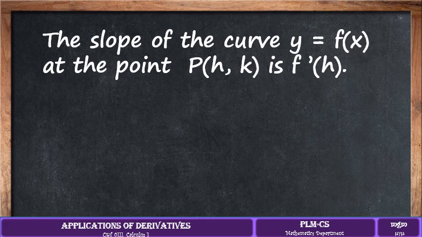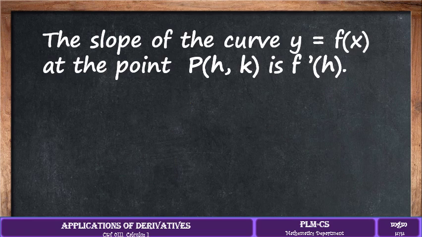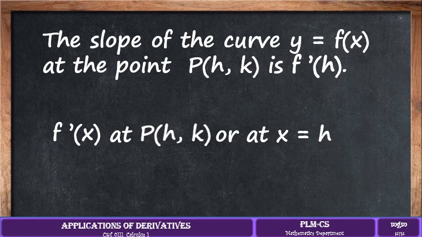This means that if we are asked to find the slope of the tangent line to the curve at the given point, all we have to do is find the derivative of the function and then evaluate the derivative at a given point, say at point P(h, k) or at x equals h. Hence, the slope of the curve or the slope of the tangent line, denoted by m, is simply f prime of h.